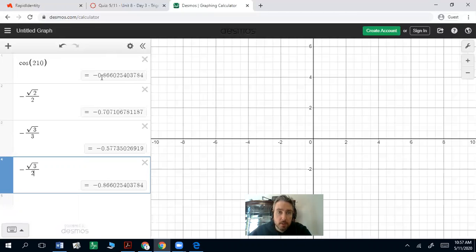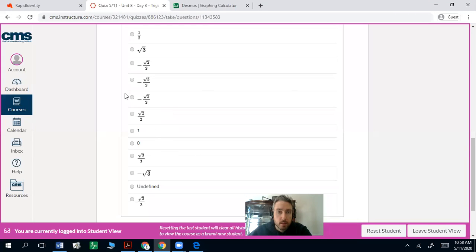You got negative 0.8660254033784. These are the same thing. So the cosine of 210 degrees is the negative square root of 3 divided by 2. So you can get your answer without even using the unit circle.